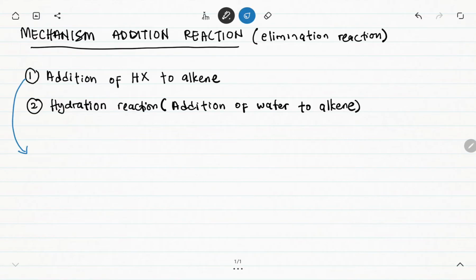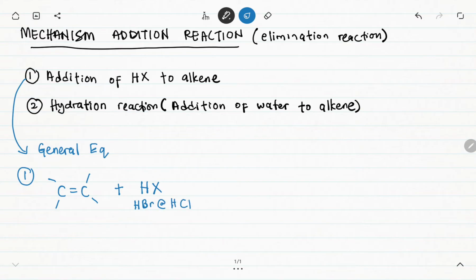Generally, the general equation for part A, which is the addition of HX into alkene: if you have a carbon-carbon double bond as our reactant reacted with hydrogen halide, either HBr or HCl, into the carbon-carbon double bond, we must focus on one rule. What rule?